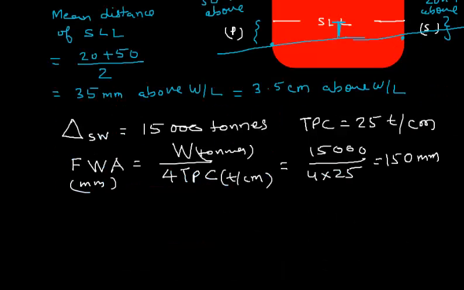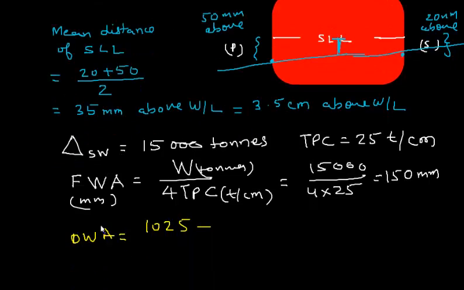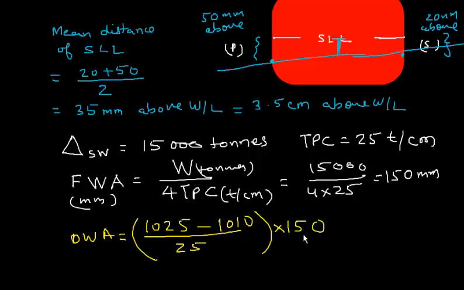Now let's find the dock water allowance. The dock water allowance is change of density, 1025 minus vessel is in river port, RD is 1010, divided by 25. We could have written 1.025 and 1.010 divided by 0.25, or simply just 1025 and 1010 divided by 25 also makes sense, into 150.